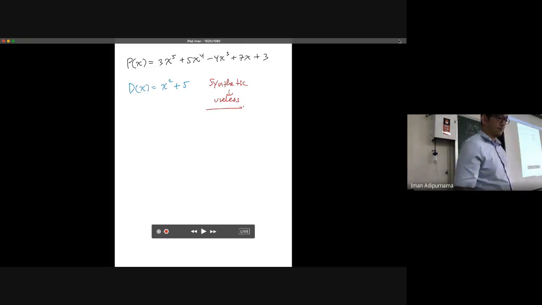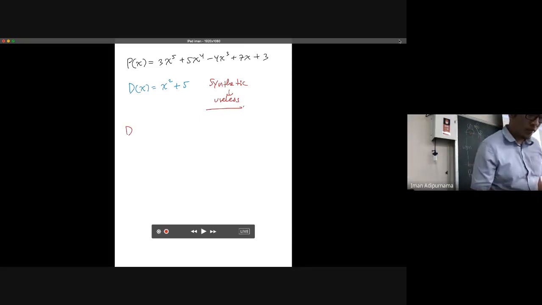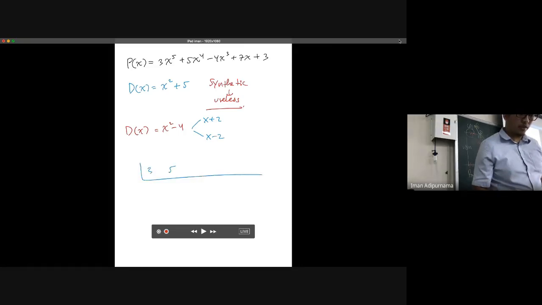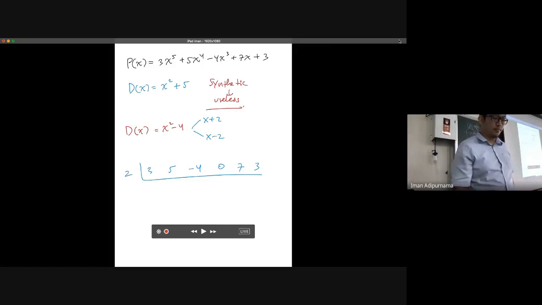Okay? But if you have the divisor x squared minus 4, you can write this as x plus 2, x minus 2. So first you can do 3, 5, negative 4, 0. First you do the positive 2. Okay.